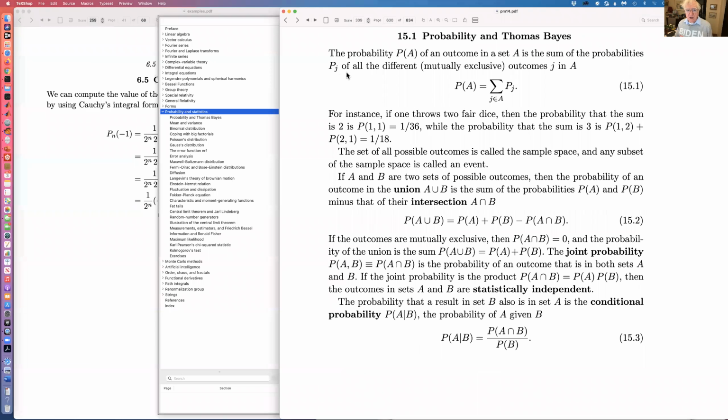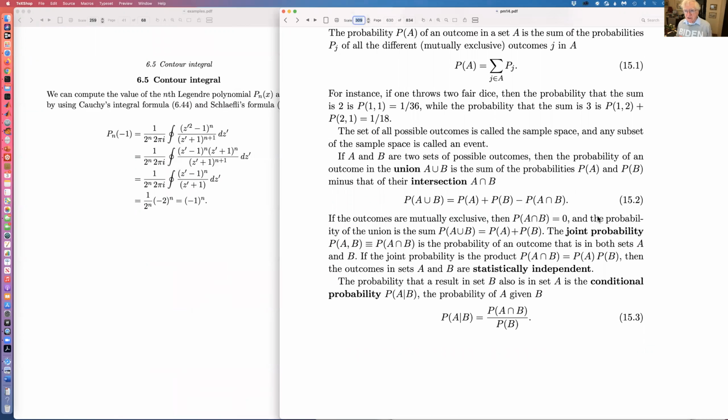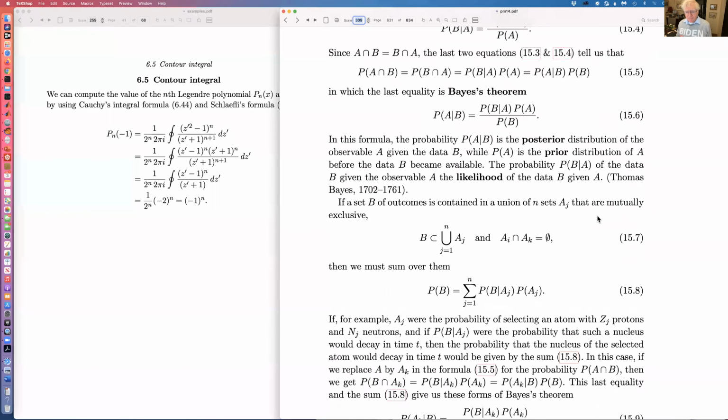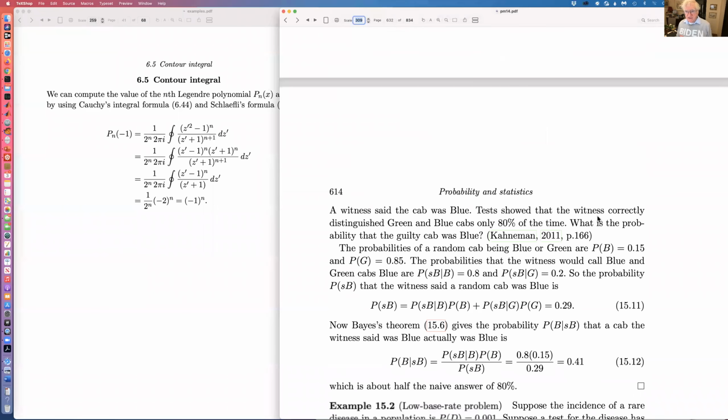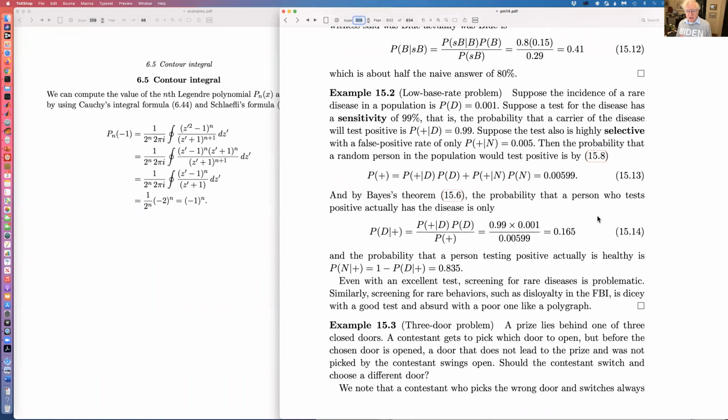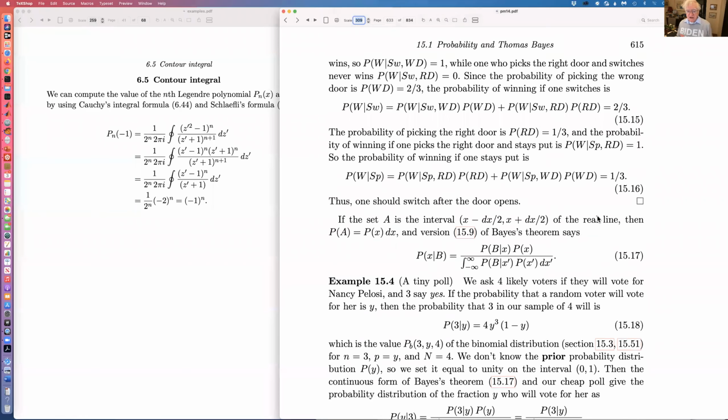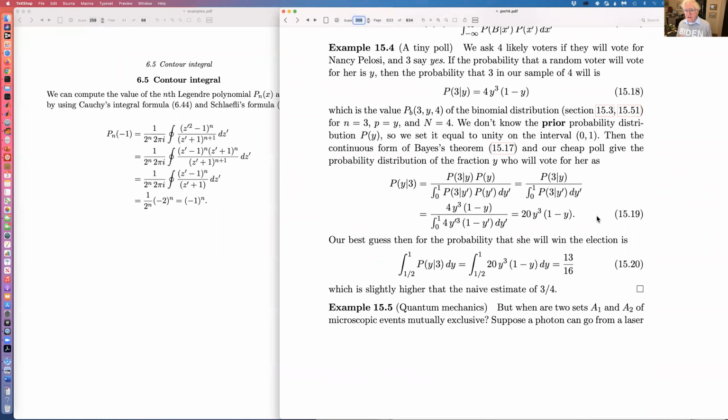Okay, now if we go back to probability and Thomas Bayes and this example, we ask 4 likely voters if they'll vote for Nancy Pelosi. 3 say yes.